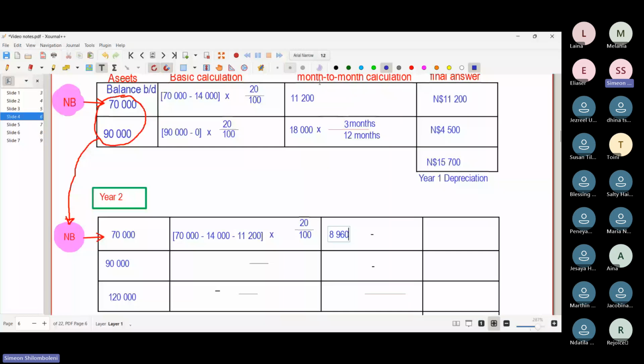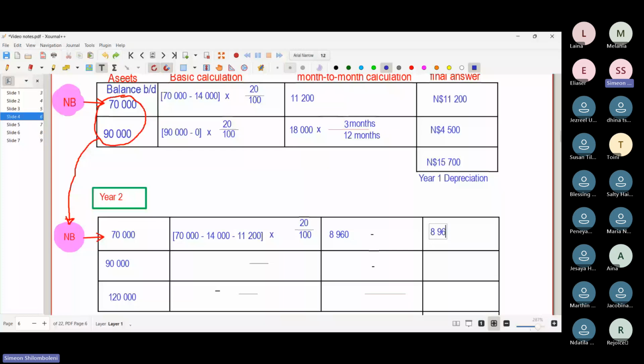Was this asset in our business for the financial period? Yes, it was in our business for the whole year. So what we are supposed to have here is 12 over 12. But we don't have to make 12 over 12 because 12 divided by 12 is 1. So the same amount, we just bring it here.